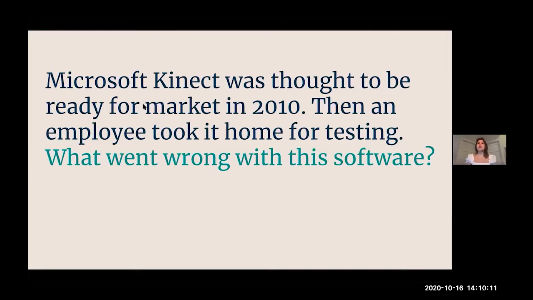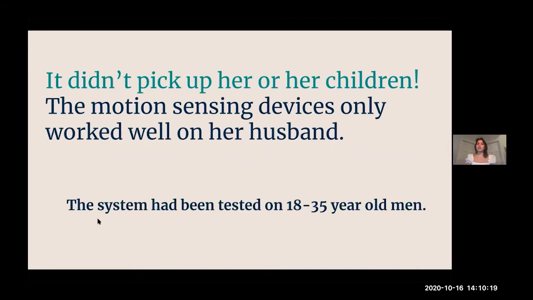Let's actually, so what went wrong with this product is that it was designed in a lab of men that were making this product. So when this employee took it home, it only picked up the male figure. So the husband would get in front of the camera, could totally interact, everything worked super well, and then the woman would come in or the kids would come in and the camera was like, I don't see anything. That's so crazy.